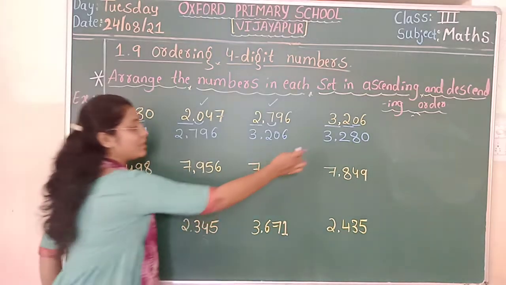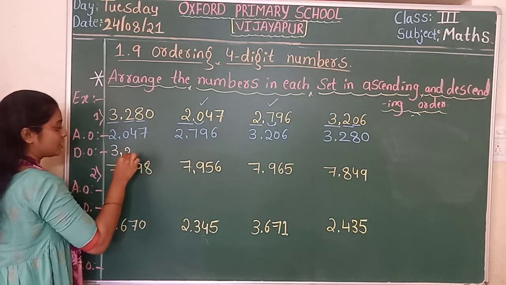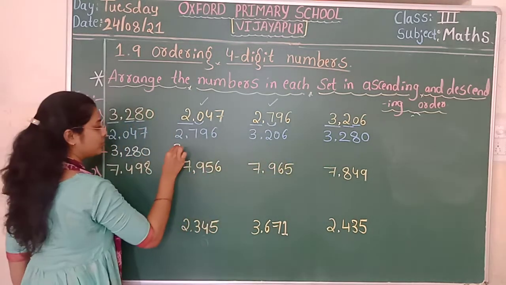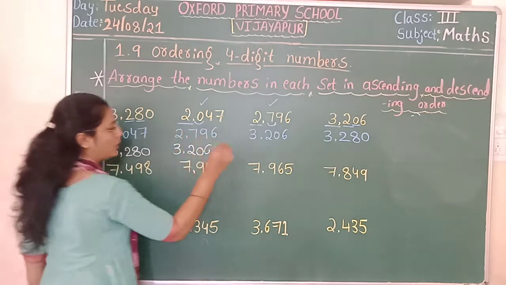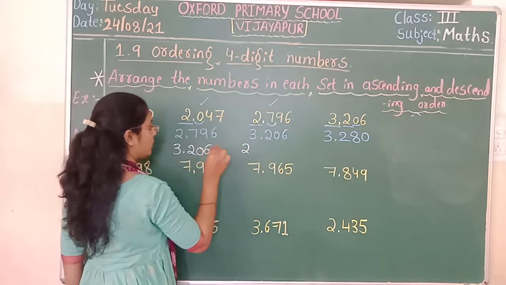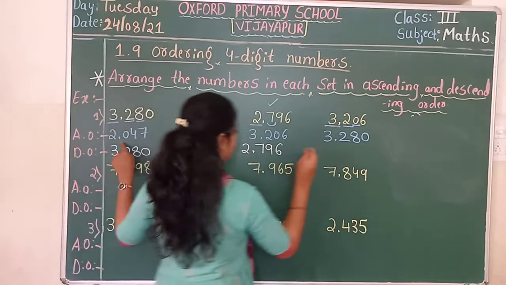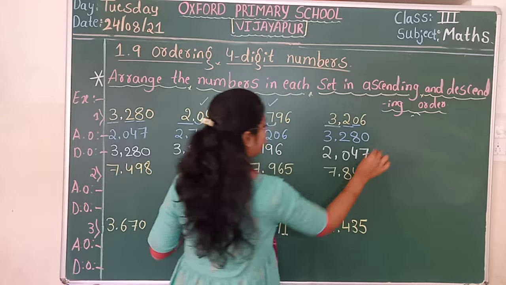Descending means this last number we have to write at first, because this is the biggest one. This is the first. Next, after this one we have 2796, and the smallest is 2047.